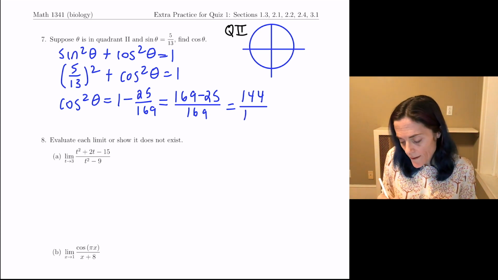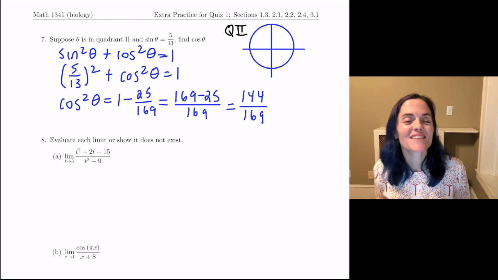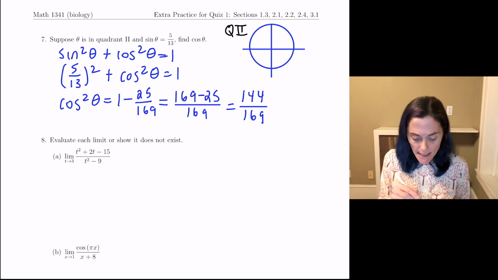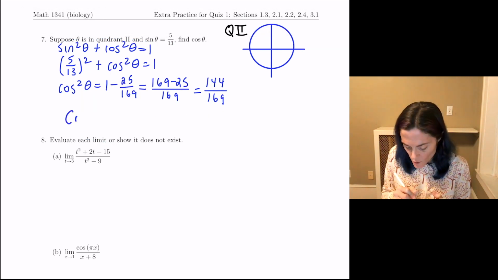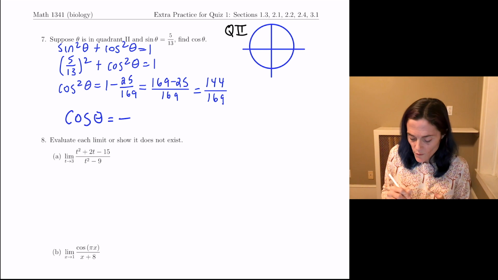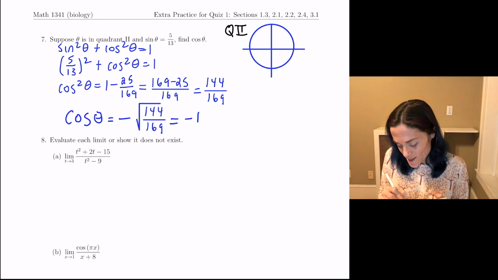This is the square of the cosine, but we are in quadrant 2 where the cosine is negative. Cosine theta is negative the square root of this. In this case, we get minus 12 over 13.